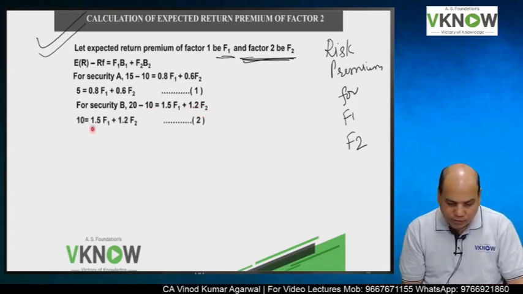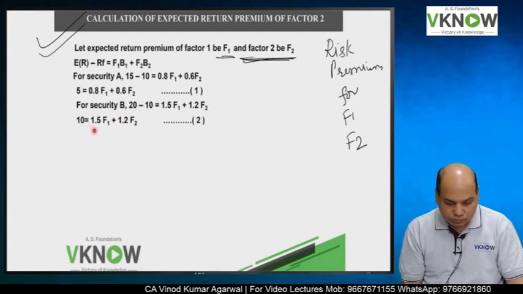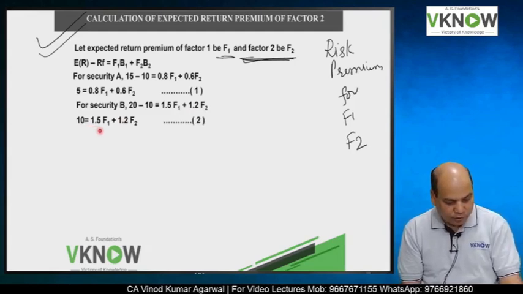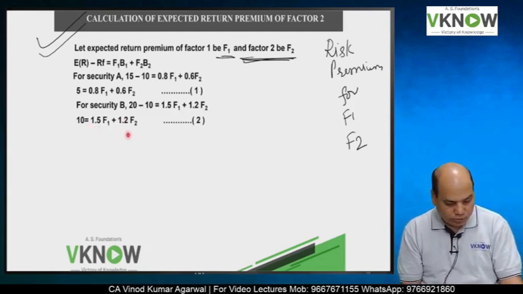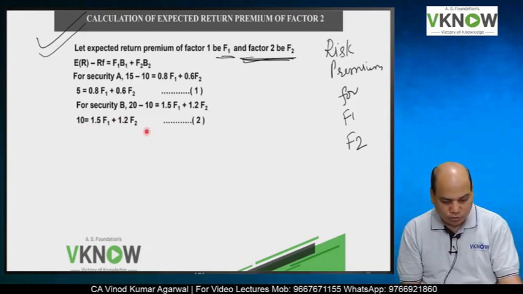Okay, so simplify this: 10 is equal to 1.5 F1 plus 1.2 F2.